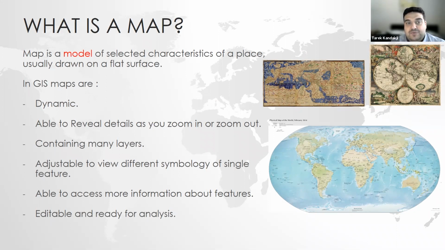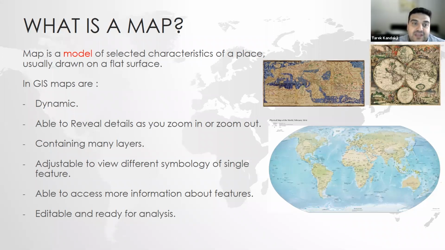And so the map is a model for these places and geographic locations. That model helps us understand where we are, how to move from one place to another, and how to decide on war and peace decisions and all that.